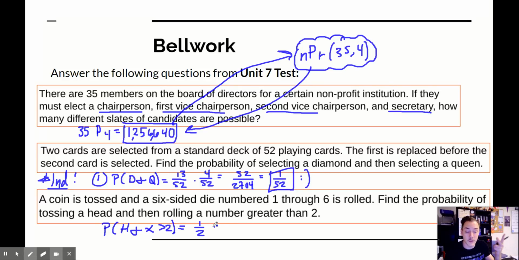So that's 3, 4, 5, 6. So that's 4 numbers on a 6-sided die that's greater than 2. So that's 4 out of 6. So this is 4 when I multiply. 2 times 6 is 12. When I simplify this down, this is going to be 1/3. So my probability of tossing a head and at the same time rolling a number greater than 2 is 1/3.